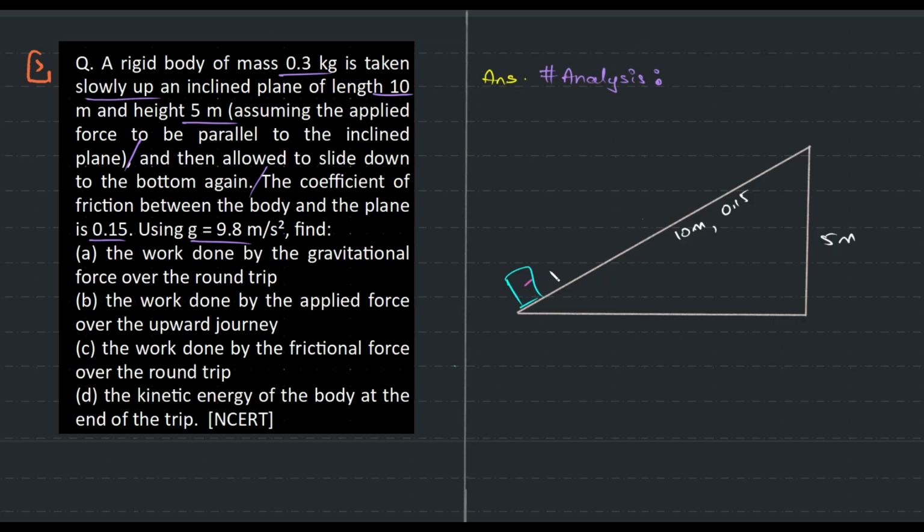Okay, then what else? I think we can start with this. So we are pulling it up. Then obviously gravity is pulling it down. And this is 0.3 into 10. And yeah, we have normal force. And we have friction also, because there's a coefficient of friction, there is frictional force as well. And this is normal force.